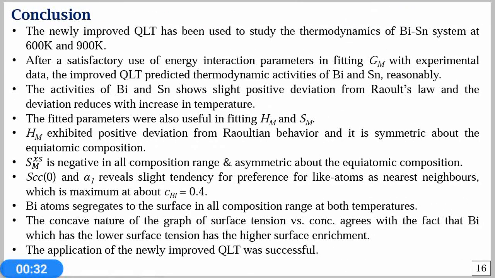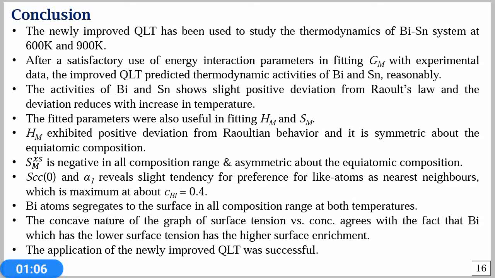Conclusion: this work started by fitting the Gibbs free energies of mixing by using interaction parameters that fulfilled the equilibrium conditions and conformed to experimental data. These fitted parameters were observed to reliably predict the thermodynamic activities of bismuth and tin at both temperatures, that is 600 Kelvin and 900 Kelvin.